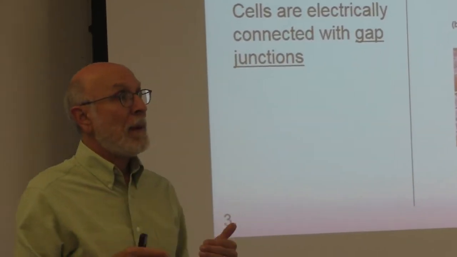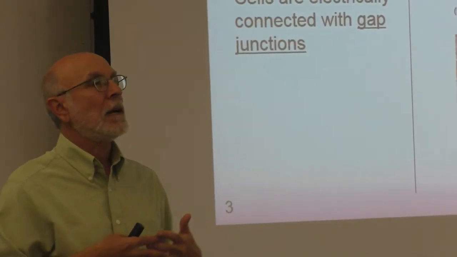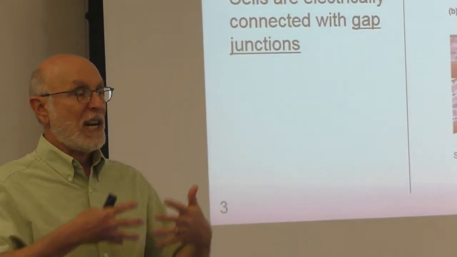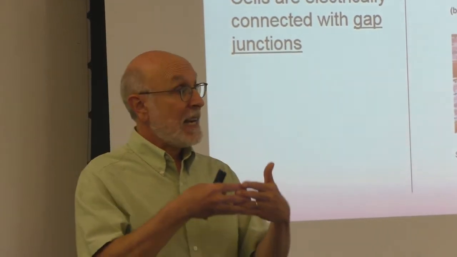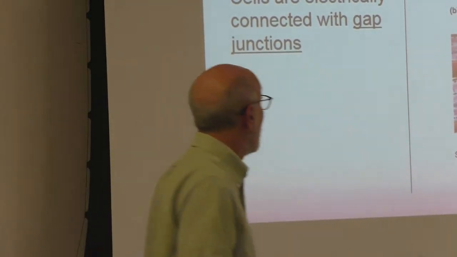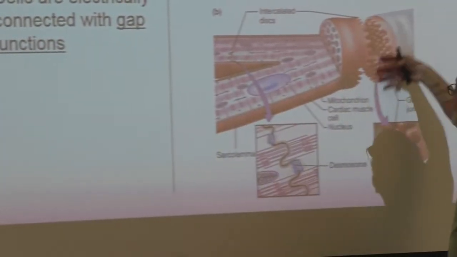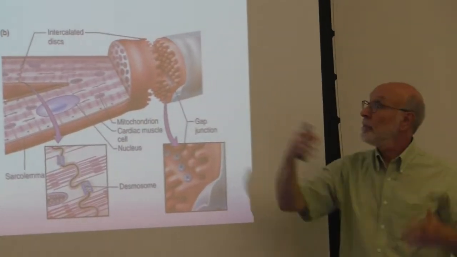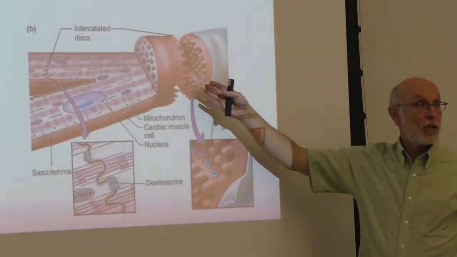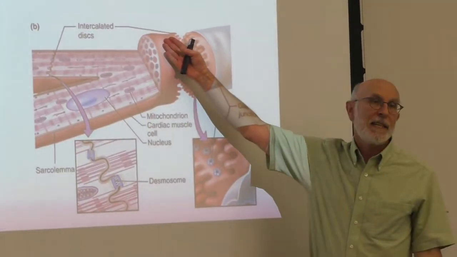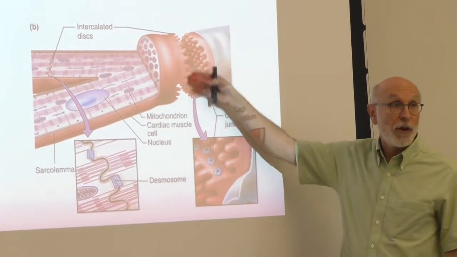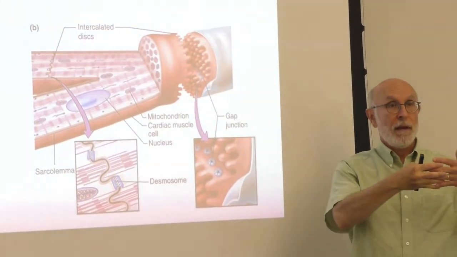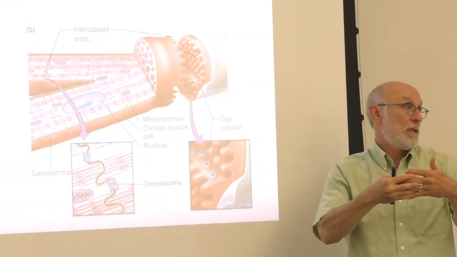But the plasma membranes of adjoining cardiac cells are connected. They're connected physically with a structure called the intercalated disc. So they're connected physically, so if one muscle cell contracts, it pulls its neighbor with it.